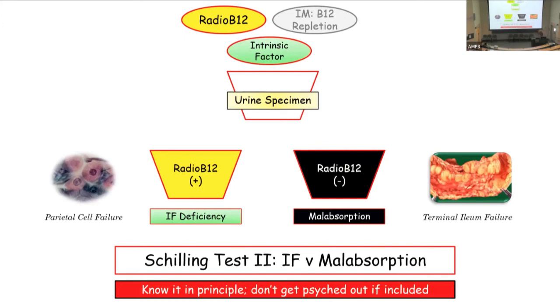And if it corrects, that tells you that the patient has parietal cell failure, autoimmune gastritis, or pernicious anemia. If giving intrinsic factor plus the radioactive B12 doesn't correct it, well, then you have an absorption problem, and typically a terminal ileum issue. Okay, the Schilling Test, few and far between, you're going to see it, but it just underscores the physiology, and that's why it was worth reiterating.